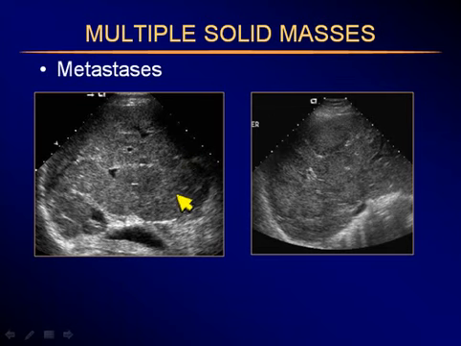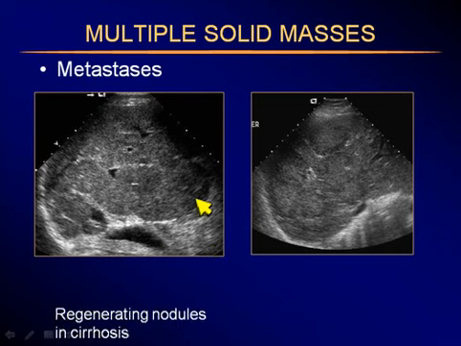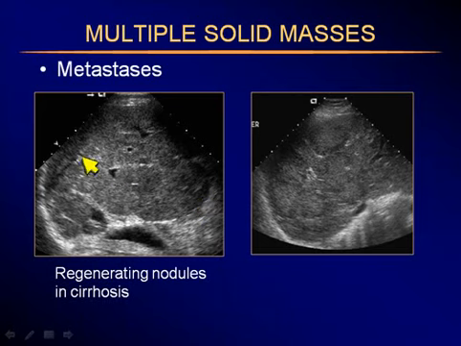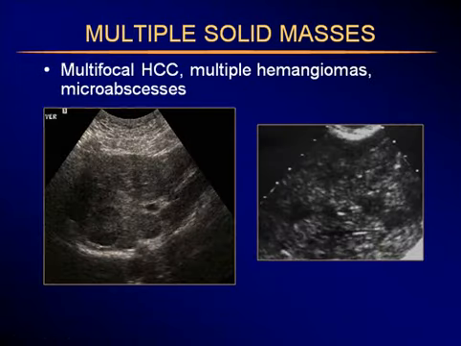Usually we would say metastasis and we would want to have a history to see what's going on. But even in this case, it's still not 100%. We can have regenerating nodules in a liver in cirrhosis like this patient had, and this patient has lymphoma masses within the liver. So even solid metastases are not 100%.